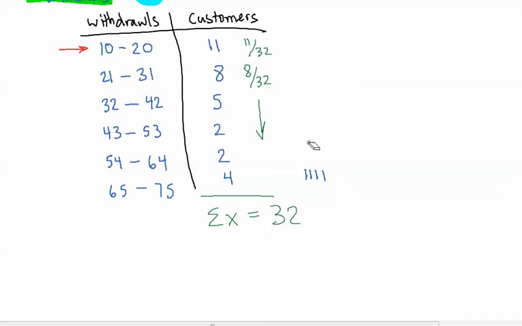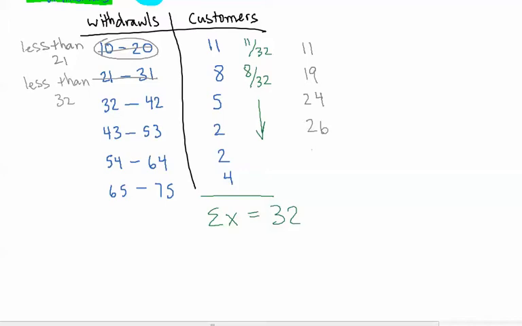And then a cumulative frequency distribution is what I get if I started out with my 11 and then I changed the names of my intervals to just say less than, so the first one would be less than 21, because strictly less than 21 would mean all these numbers, but I don't write it that way, I just write less than 21, hit 11, less than 32, and then I add up, so that'd be 19, follow that pattern, I'd get 24, 26, 28, and then 32, and I can see that I've matched the total, so that's a cumulative frequency distribution.